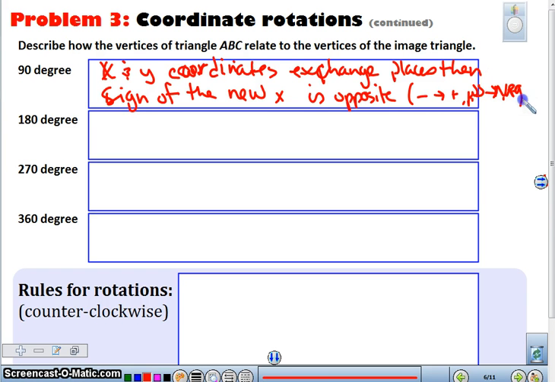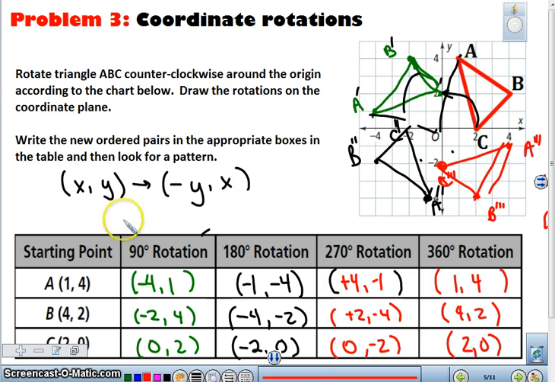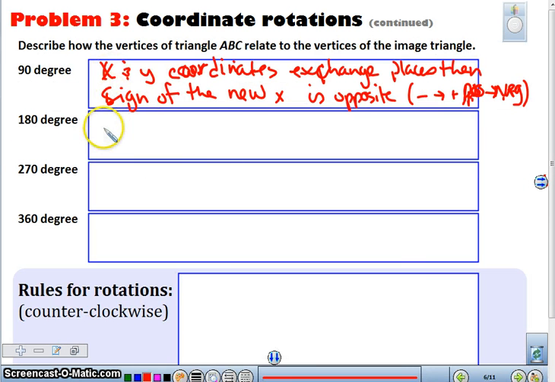For some reason, the pen isn't working that great. So if it was negative, and if again you have to go back and look at this, negative became a positive and positive became a negative. What happened if we go from the original one to a 180-degree turn? Well, if you look at this one, look at your original to the 180. Everything is the exact opposite, but the order doesn't change this time. So that's what we want to say.